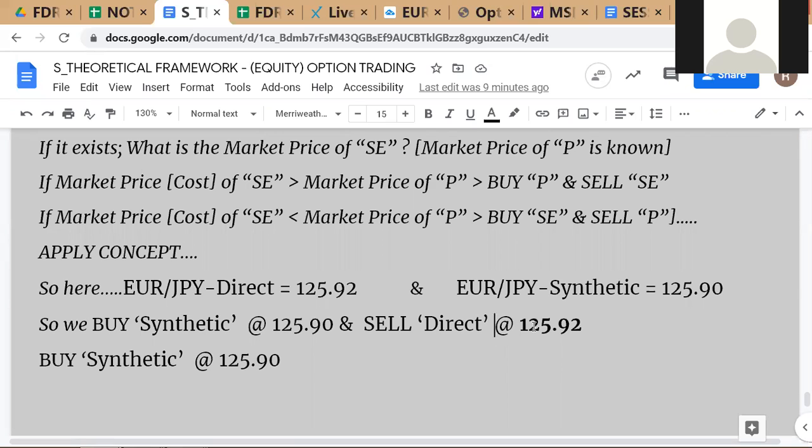No, one second. Limit orders: if I have a sell limit order for euro yen at 125.92, it will not execute at a price less favorable than 125.92, which means in this case of selling, it will not be below 125.92.